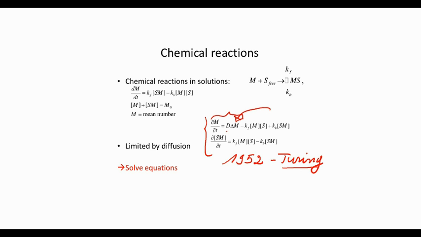So here you have the diffusion coefficient, and the first equation represents the evolution of the concentration of M, which can diffuse. So this is the first term here, diffusion, and here is the reaction term that we have seen before.